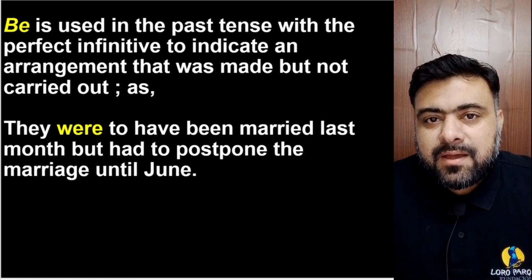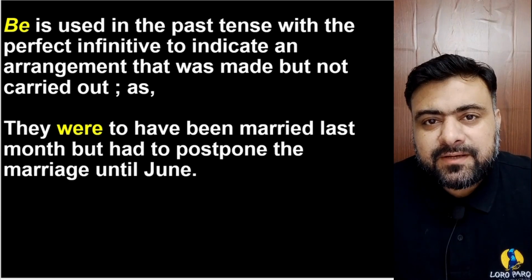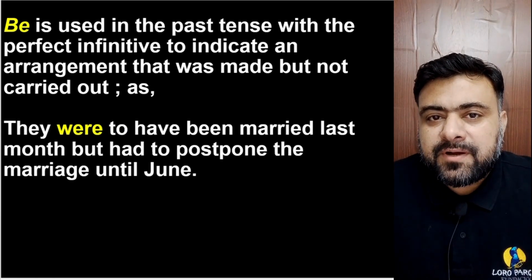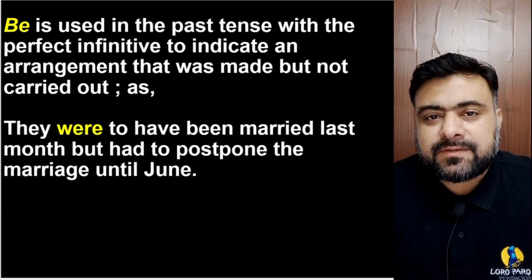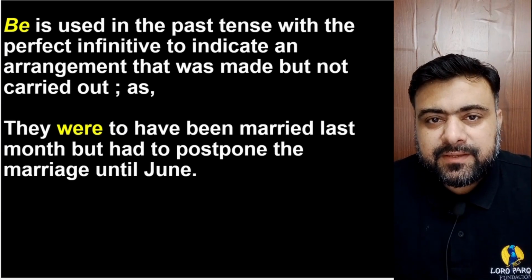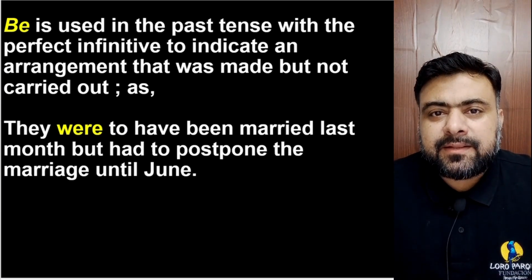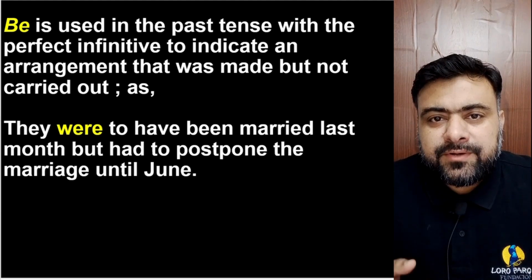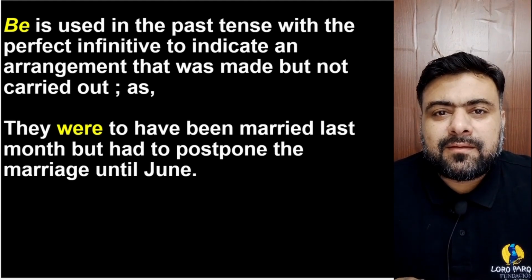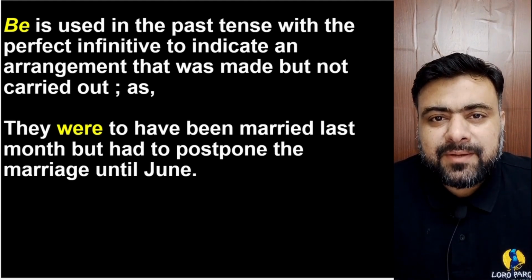To have been married, this is the perfect infinitive. So when a perfect infinitive comes after the auxiliary verb be, it shows an arrangement, a plan that was agreed upon but could not be fulfilled, could not be completed.